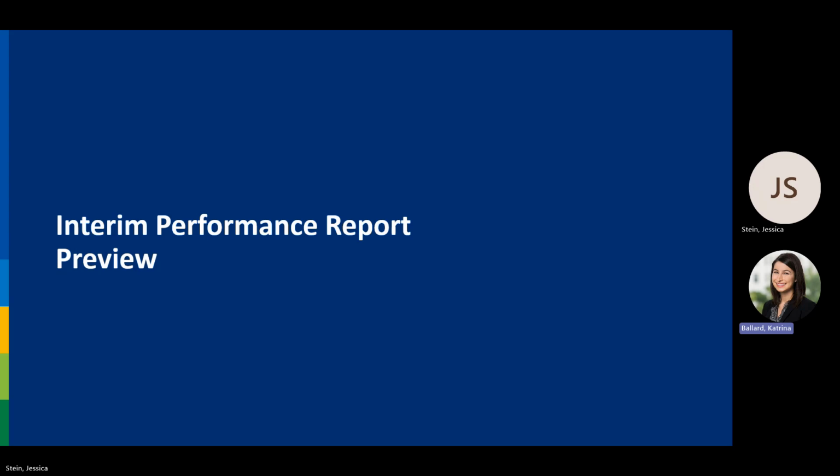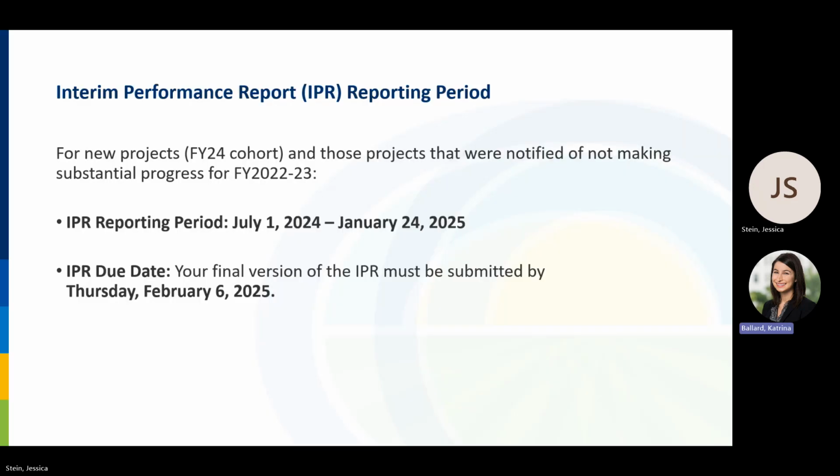Thanks, Jessica. So we'll review briefly the interim performance report. As we mentioned briefly at the beginning of part 1, new projects and grantees who were notified of not making substantial progress for FY 2022 and 2023 are required to submit an interim performance report or IPR by February 6, 2025.